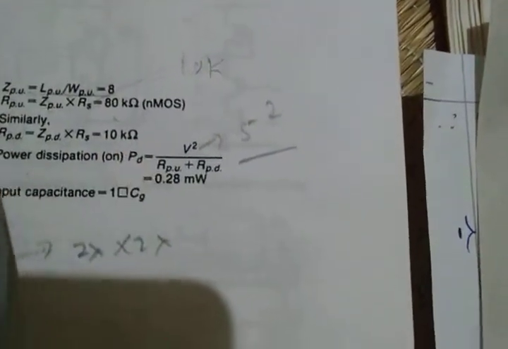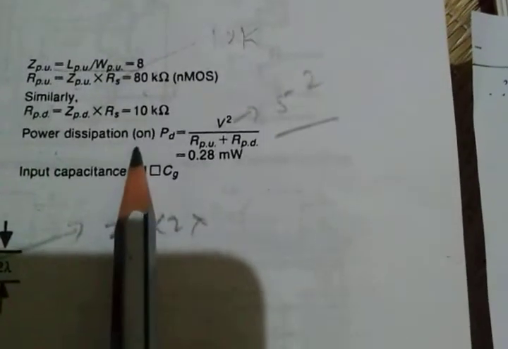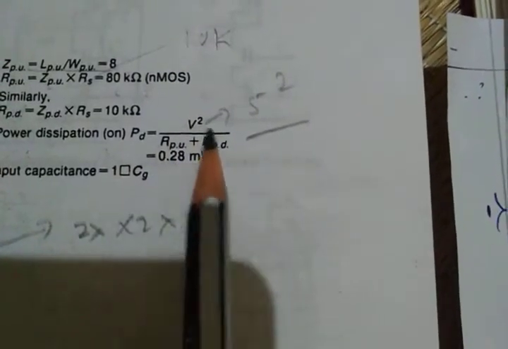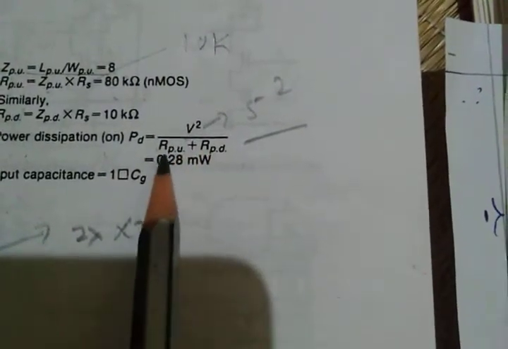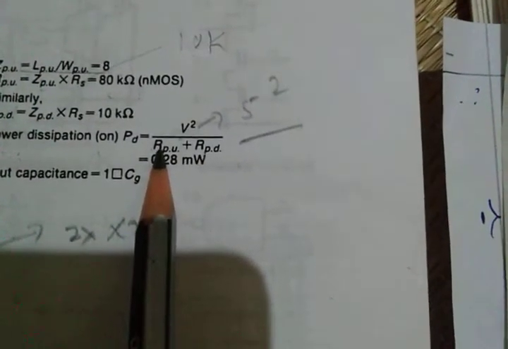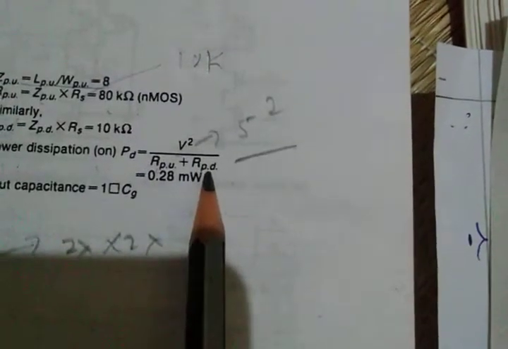Okay, so finally I have to find out the power dissipation. Power dissipation PD is equal to voltage squared divided by the total resistance, V squared divided by RPU plus RPD. RPU plus RPD is 80K plus 10K, so totally 90K. Here I am considering voltage as 5 volts, a standard voltage, that's why I'm considering 5.